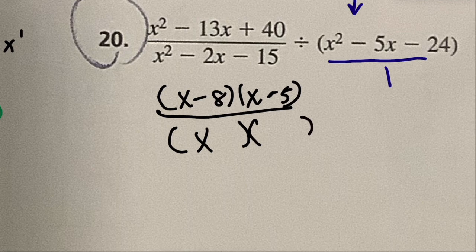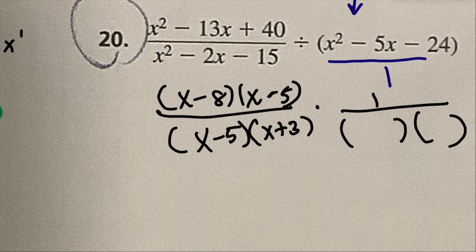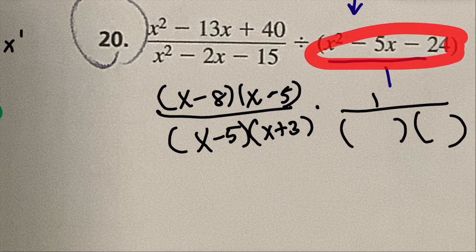And so we need the factors of 15 that have a difference of 2. And that would be 5 and 3. We need the 5 to be the bigger one, so that's negative, so that we get the negative in the middle. And we need our littler one to be positive. I'm going to put a multiplication dot. The one is going to flip up to the top, and the factorization of this now is going to go in the bottom.